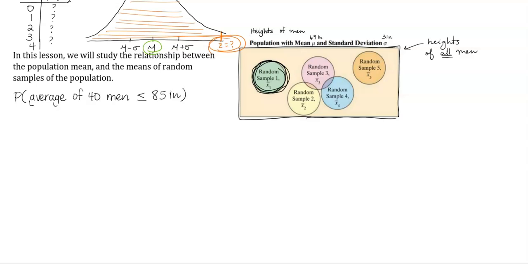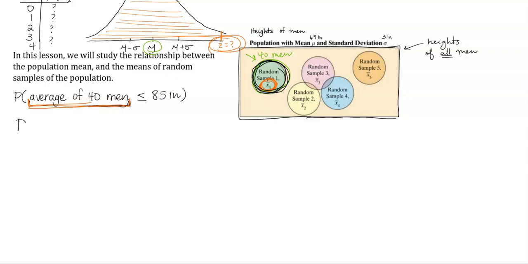But what is the probability that an average of some men, so when I say the average of 40 men right here, I'm talking about this sample mean. This whole green circle here is my 40 men. Then I'm going to take the average of those 40 men, which gives me this X bar.